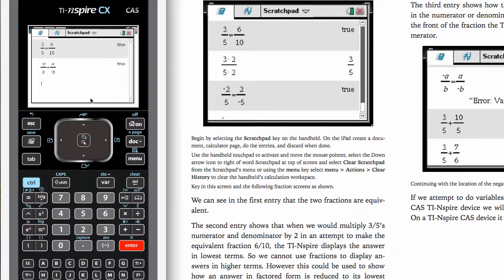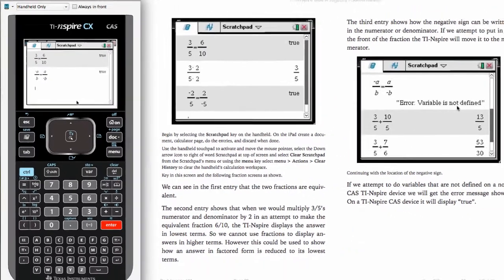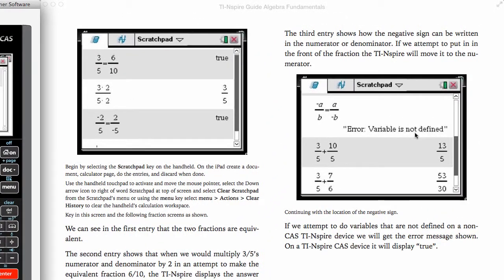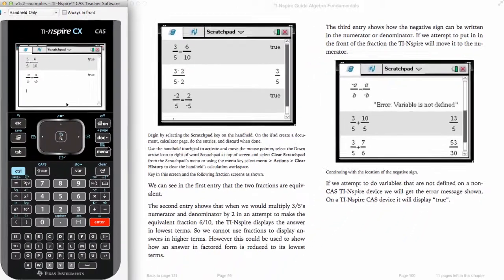But again, if I attempted to do this on the numeric, the non-CAS model, it will give me this error message.